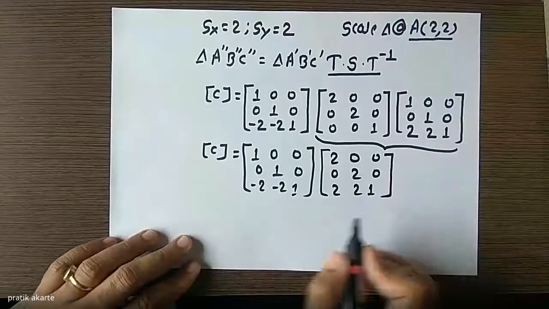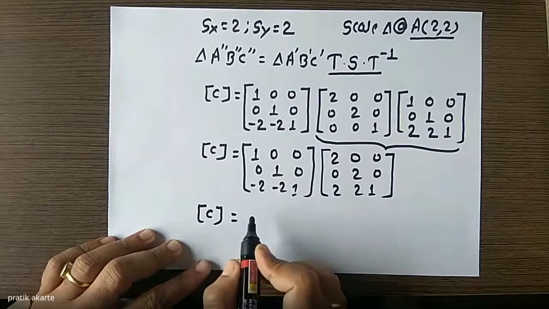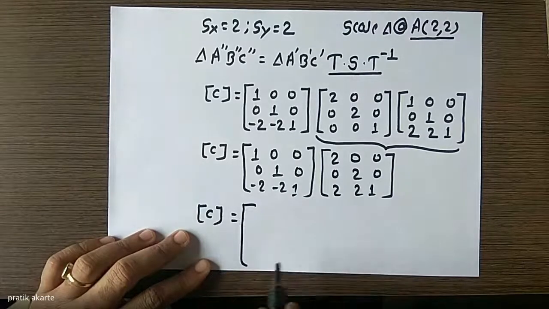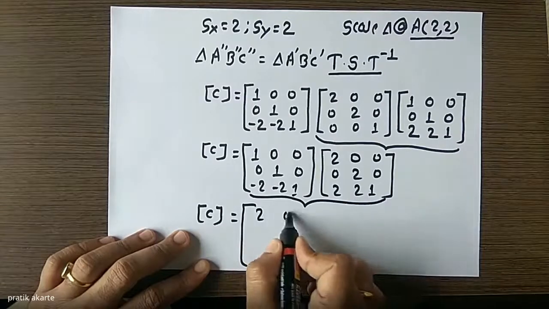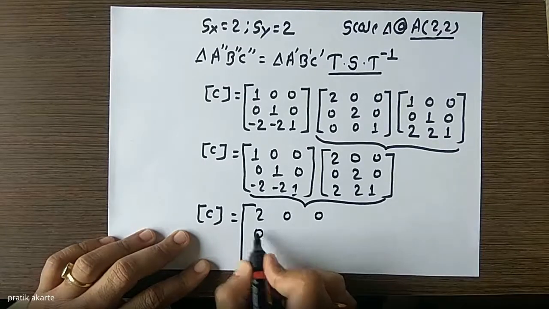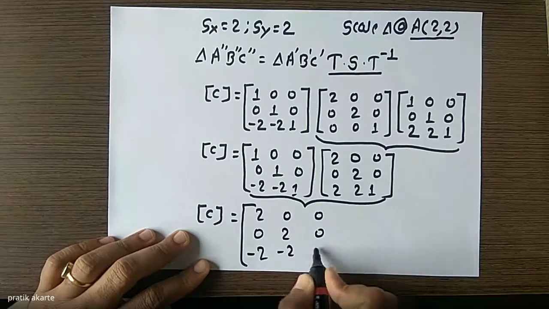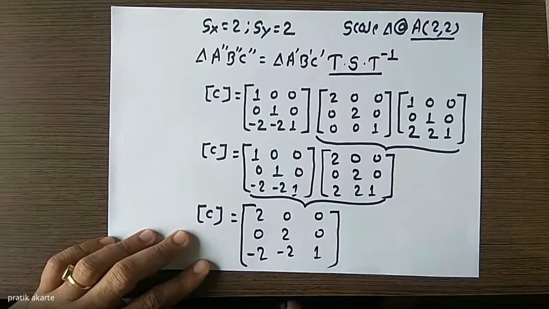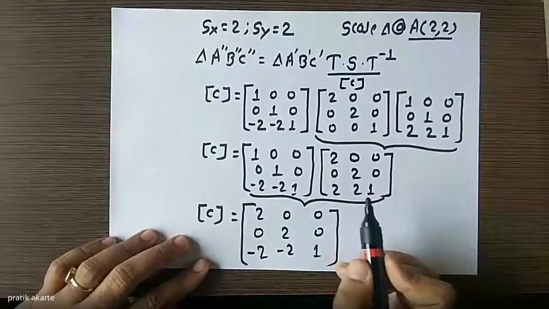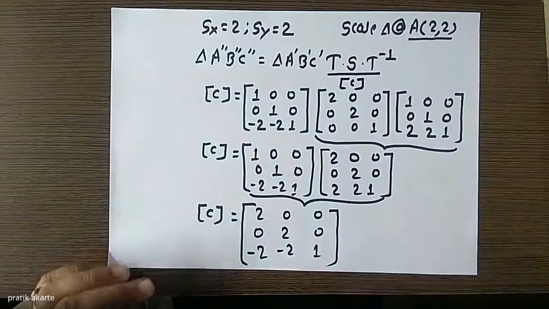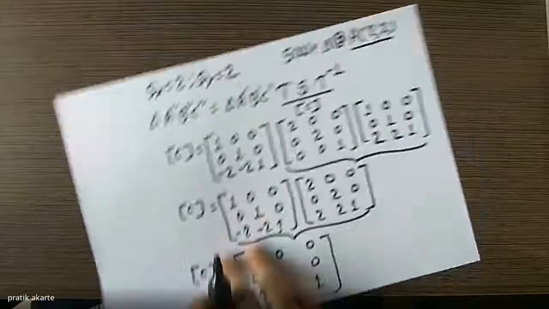Okay. Then we find out the composite transformation matrix as, after multiplying these two matrices now, 2, 0, 0, 0, 2, 0, minus 2, minus 2 and 1. Okay. So this comprises your composite transformation matrix. Now further, you have to multiply this composite transformation matrix.